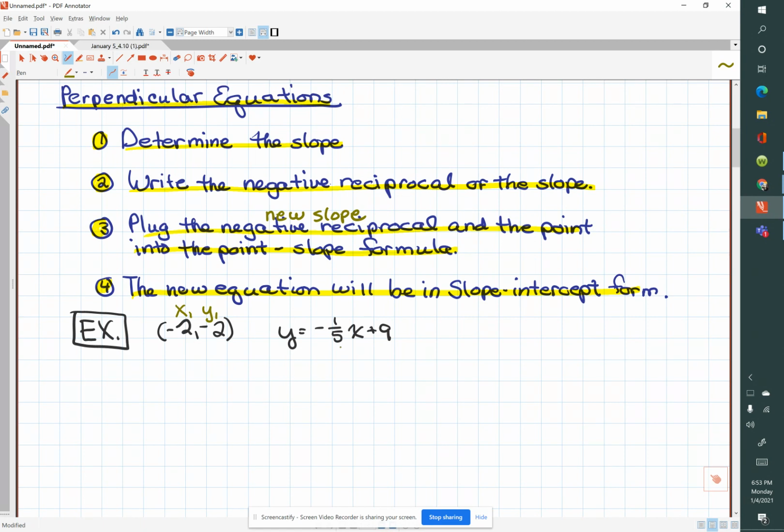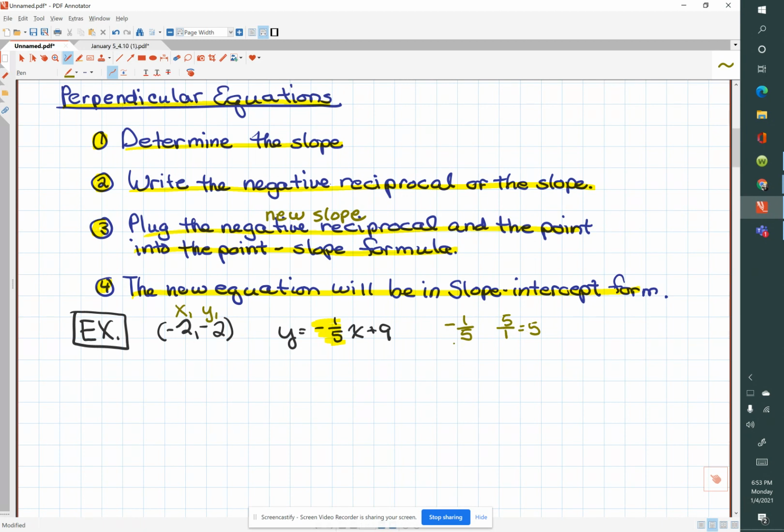So this slope as given is -1/5. So we need to determine the negative reciprocal of -1/5. Well, the reciprocal of 1/5 is 5 over 1, which equals 5, and the opposite of negative is positive.